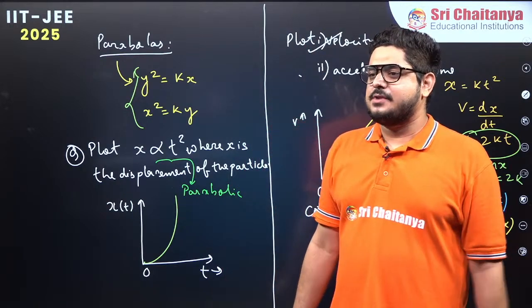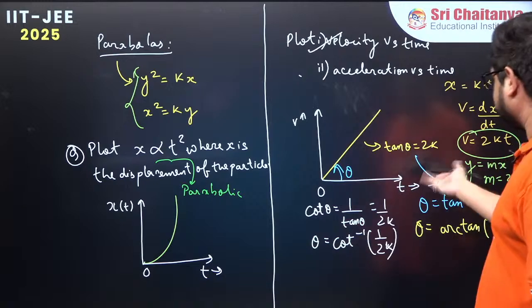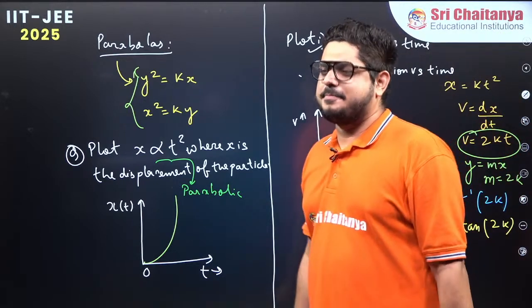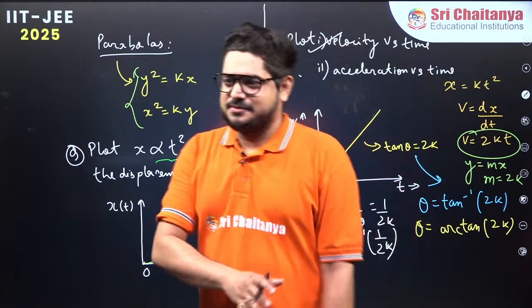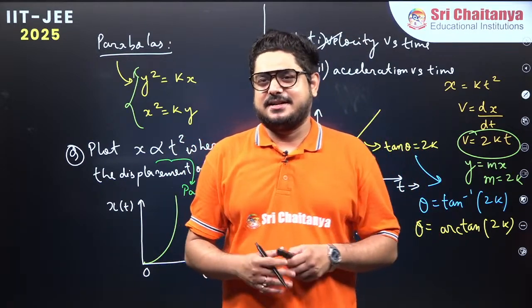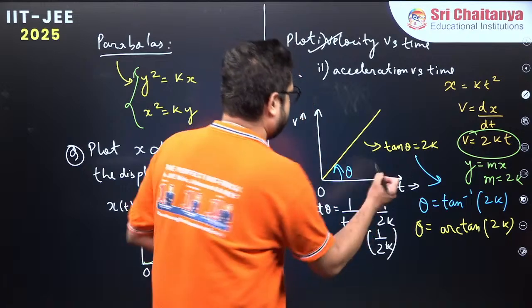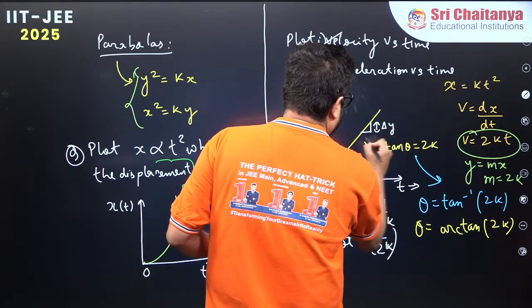Satish and Sanjana asked me why not cot. Tan is the way of slope representation, because slope is tan theta. I have already mentioned that slope is tan theta, dy by dx. If there is any change of delta y, that is going to be delta x.